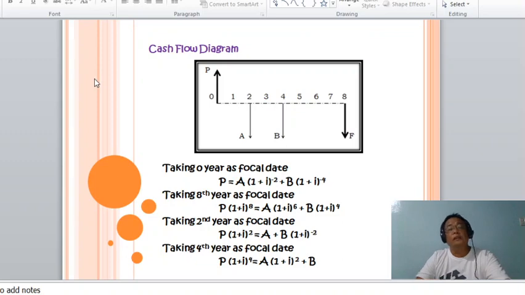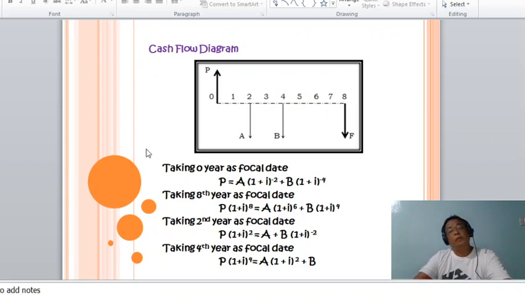This is somewhat like in mechanics, taking the summation of forces vertical equal to 0. Take note that P at year 0 will be equal to the two payments A and B at year 0 also.